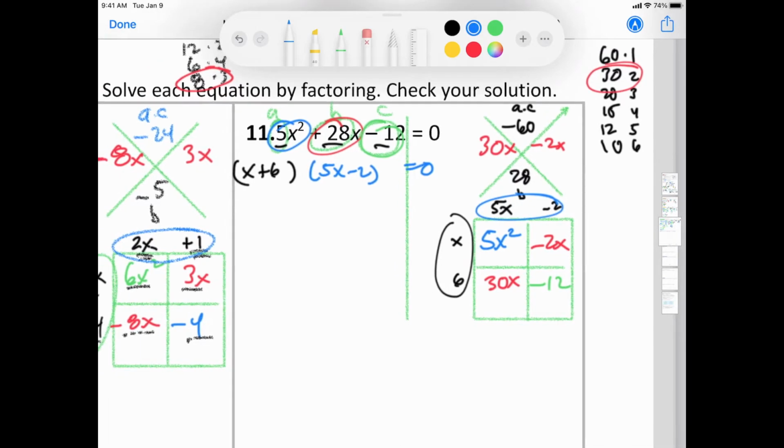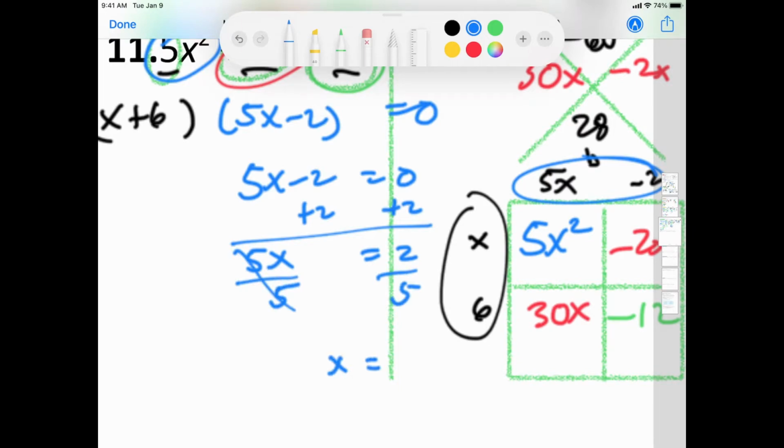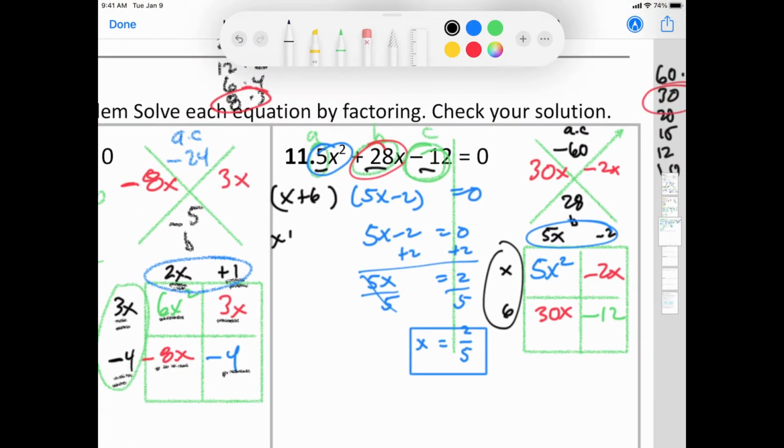Let's go ahead and solve that. Remember, PEMDAS backwards to solve. x equals 2 over 5. Whoop, whoop. All right, x plus 6 equals 0. Subtract 6, you get x equals negative 6.